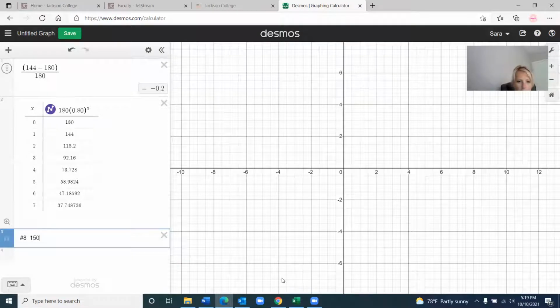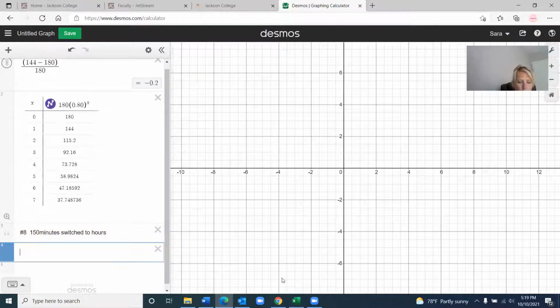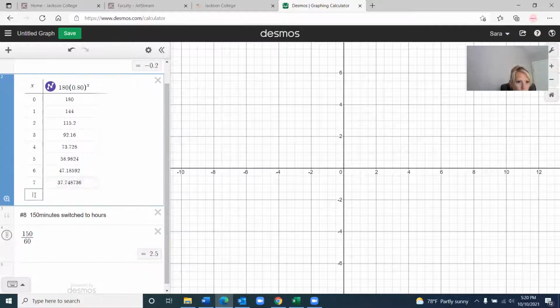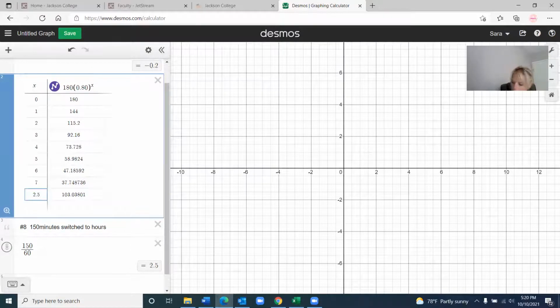So 115 minutes divided by 60 minutes in an hour is 2.5 hours. So our function at 2.5 hours, we can just go up to the table here and put 2.5, and it will give us about 103.03 milligrams still left.